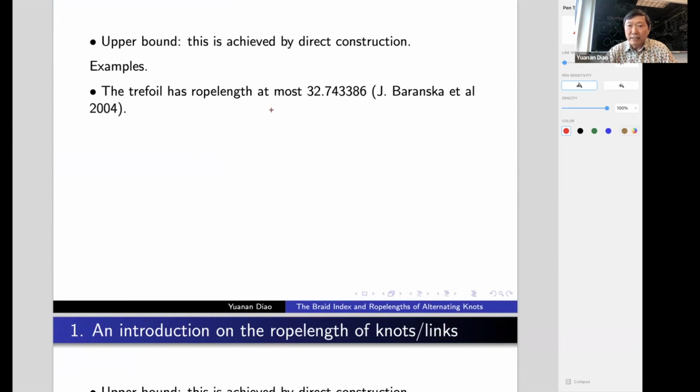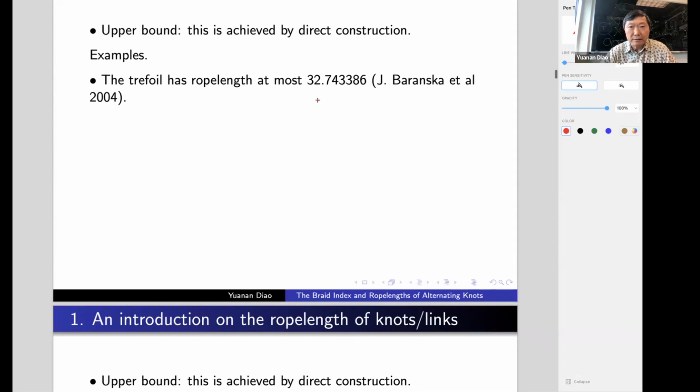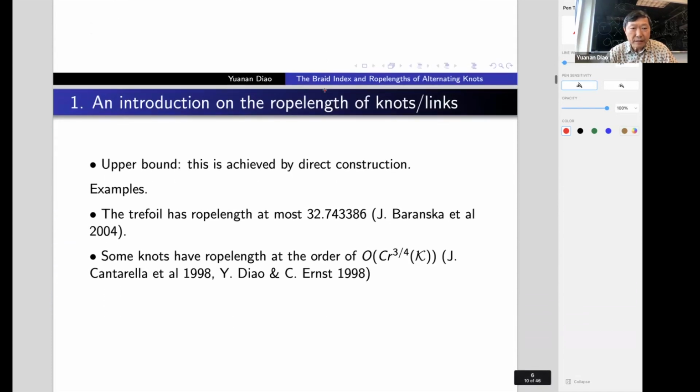Using that idea, people have made the trefoil with rope length at most this number, which means the rope length for the trefoil is at most this number. As you will see, this number is pretty good, and we believe the real number is not much less than this.